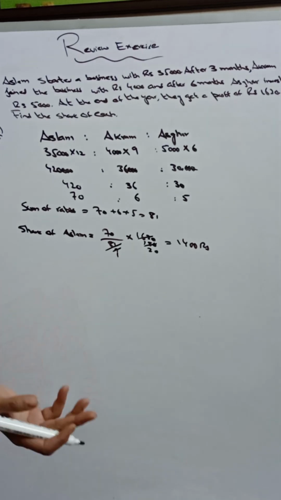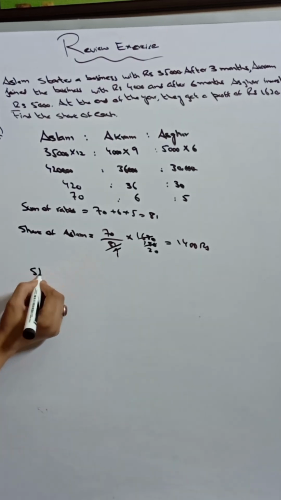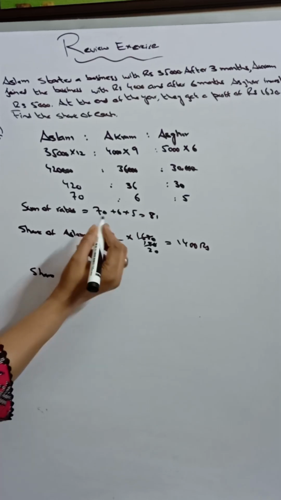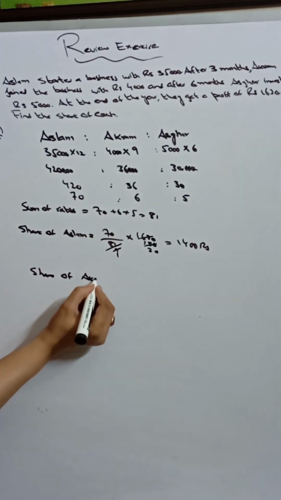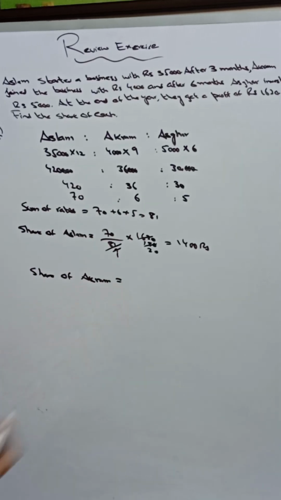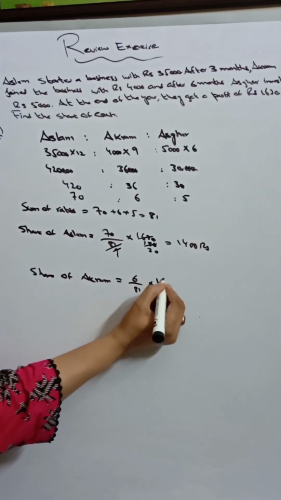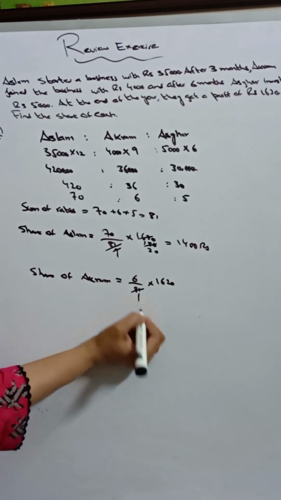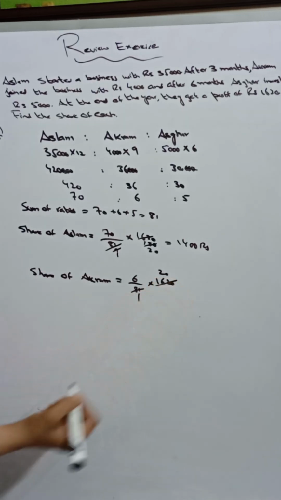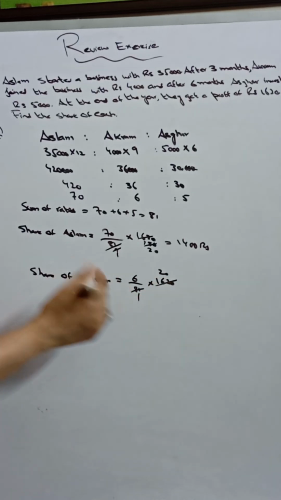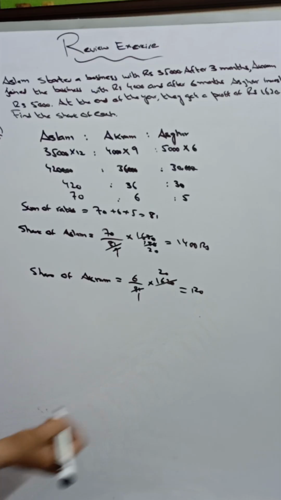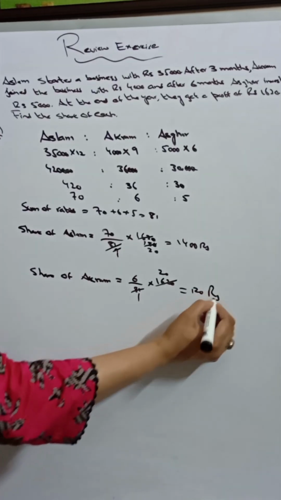It's very simple calculations. The next is share of Akram, equals 6 over 81 multiplied by 1620. 81 20s are 1620. Just calculate simply. 6 times 20 is 120 rupees. All right.